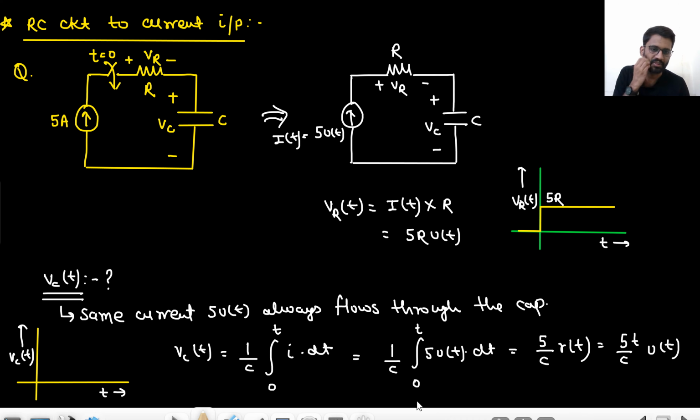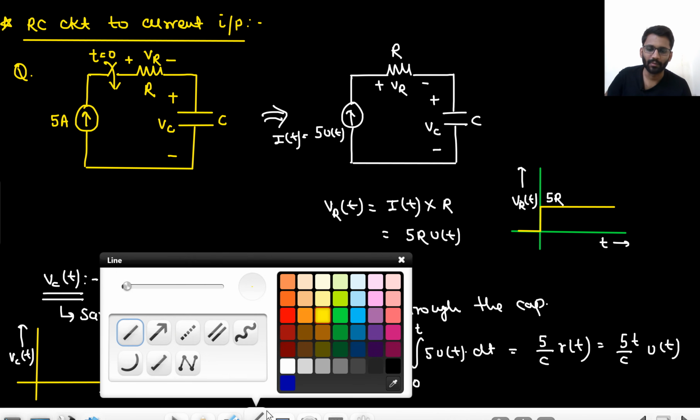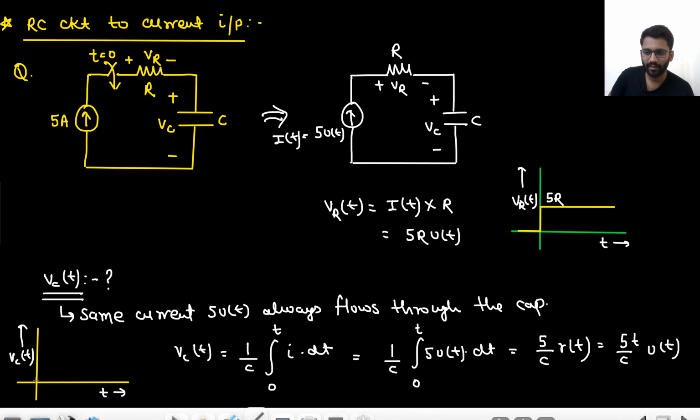VC(t) from 0 to 5 by C. So from 0 it keeps on rising, right? It keeps on rising like this. And what is the slope? Slope is 5 by C, right? So this is the slope.